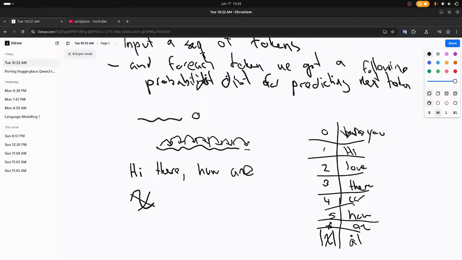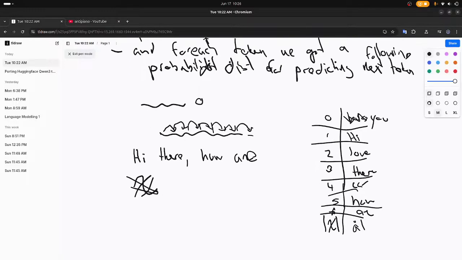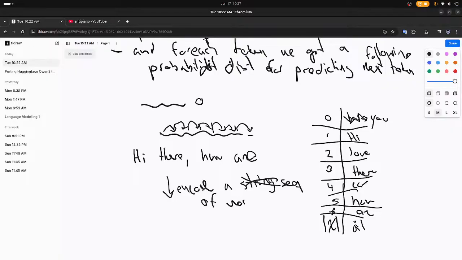So the first step, which is very easy to program, you could imagine, is something that encodes a sequence of words. We will skip the idea of how you get these words as specific things. So hi there, how are you?